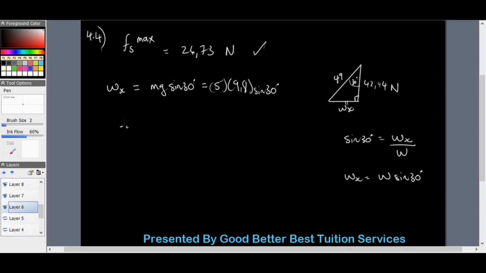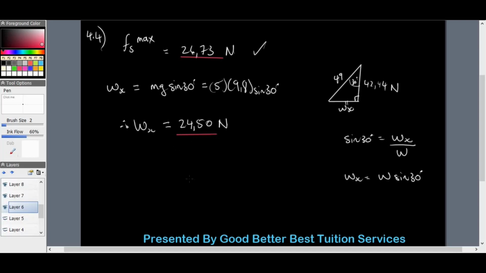Therefore the value of Wx, the force going down the slope in the same direction as the box would be moving, is equal to a whopping 24.5 newtons. So what do we notice about the two values?